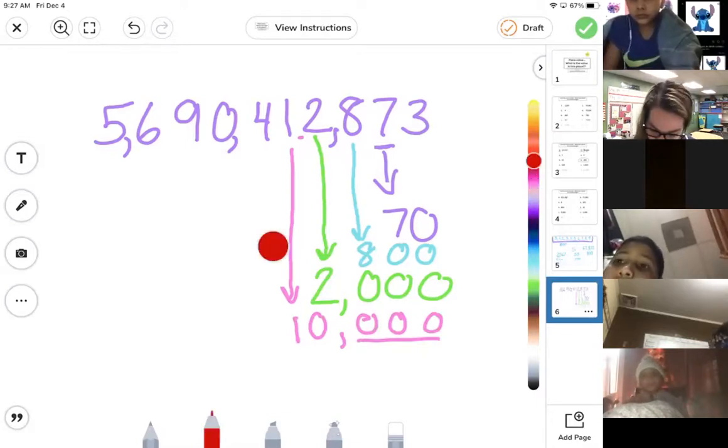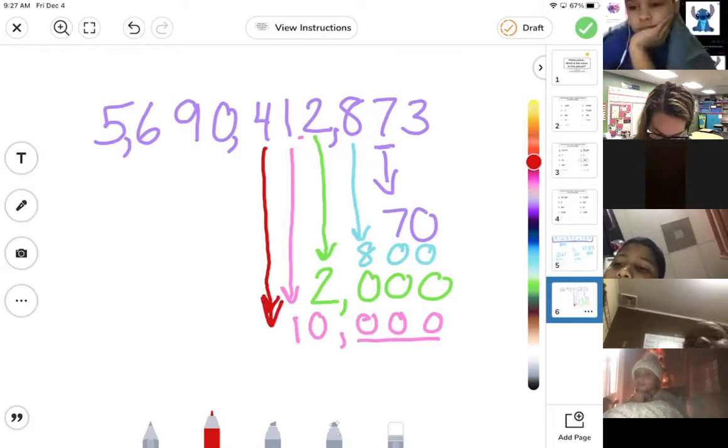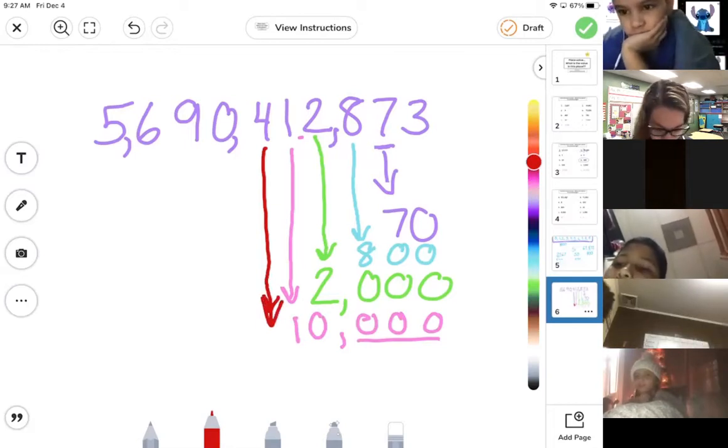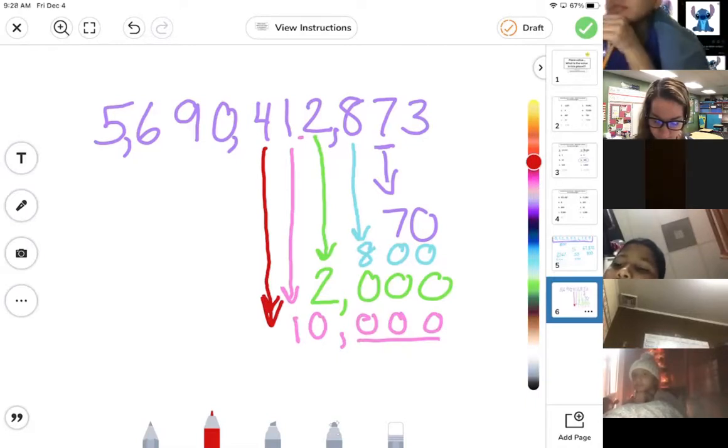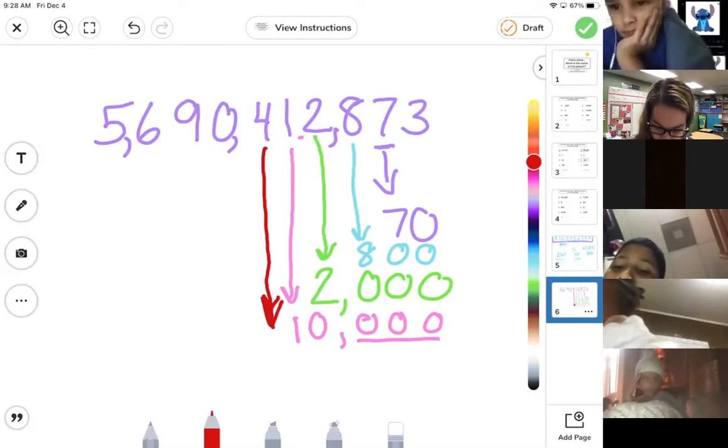You ready? What's this one? 4 million. Mm-mm. How about you tell me what digits to write, and then I will help you say the number. What's going to go right underneath this arrow?